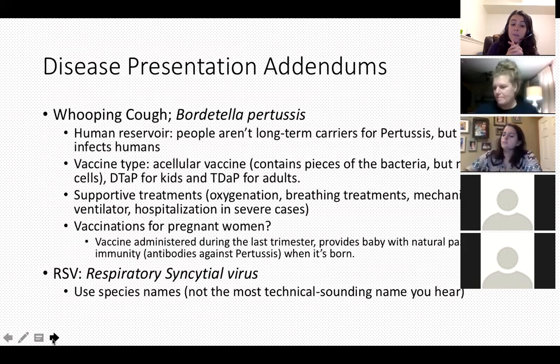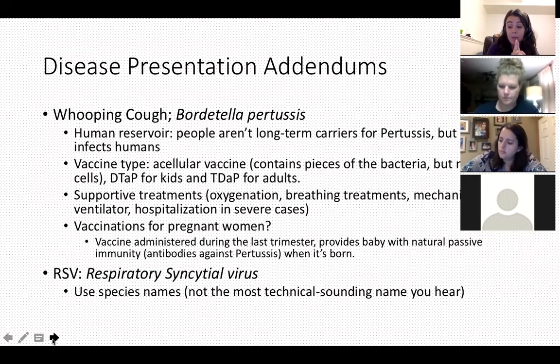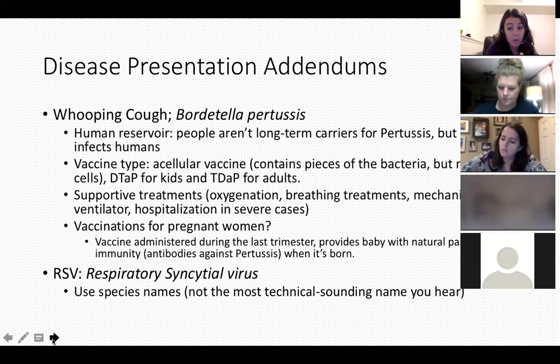So just a couple of things I wanted to highlight for the disease presentations this week. Humans are the reservoir. I just kind of wanted to clarify. Sometimes there are bacteria that people can end up being long-term asymptomatic carriers for.